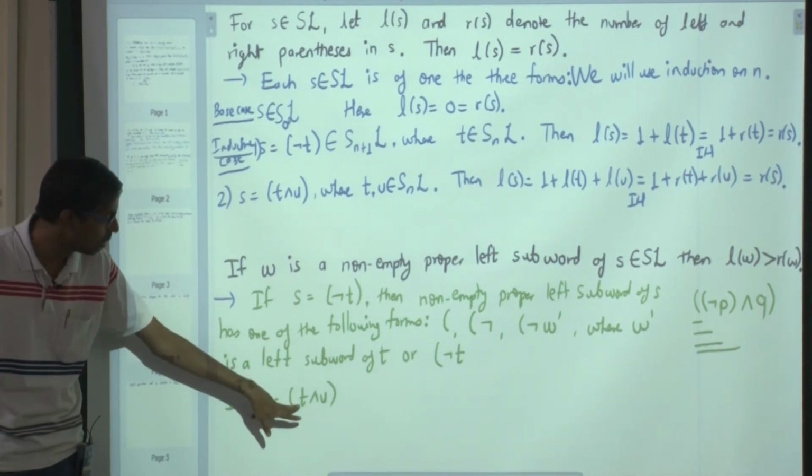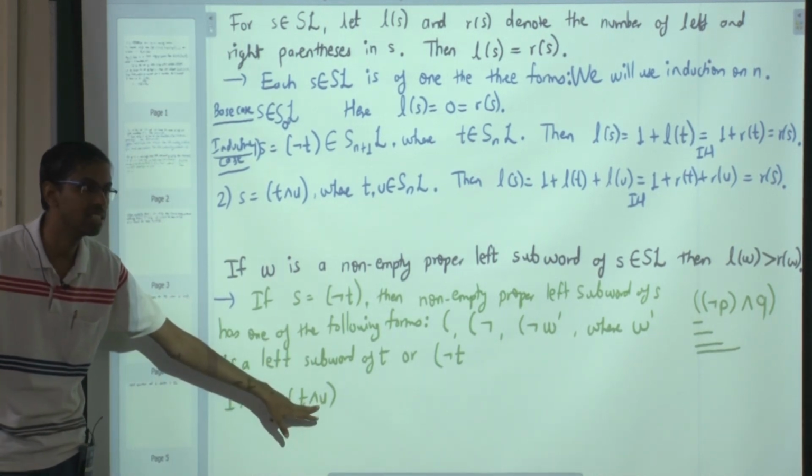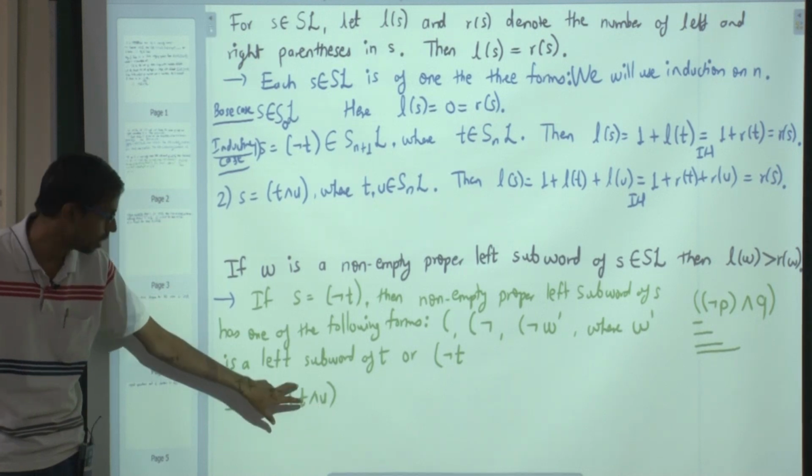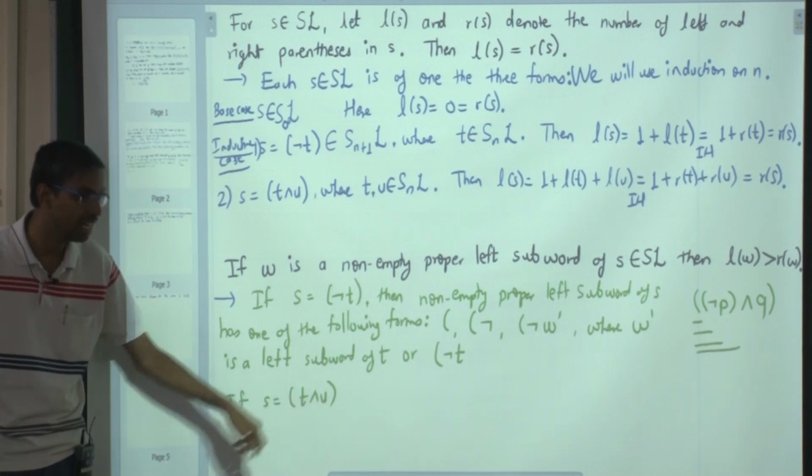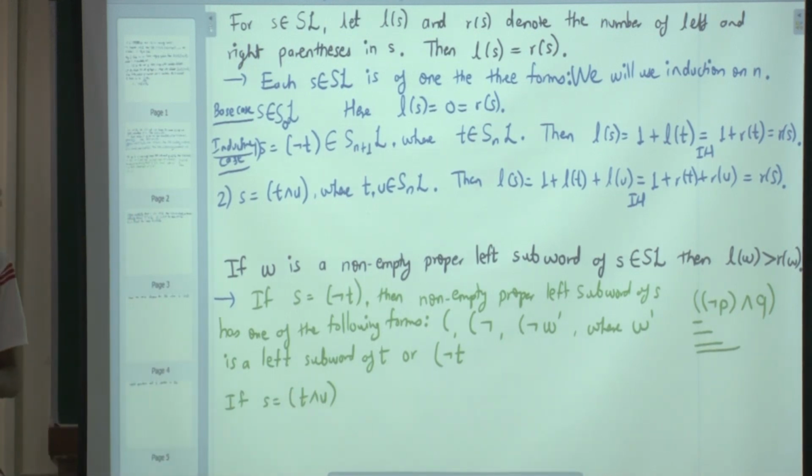Or it can include an entire T and then just this, in which case also this open parenthesis is extra, or it can contain some left subword of U, in which case you can use the induction hypothesis for U. Yeah, so this is again a very boring and straightforward proof. I am not going to finish this.